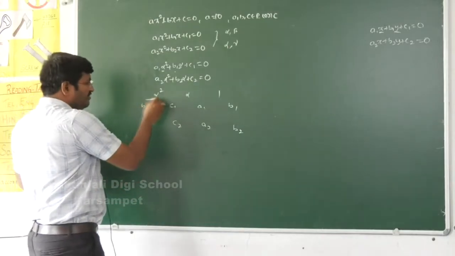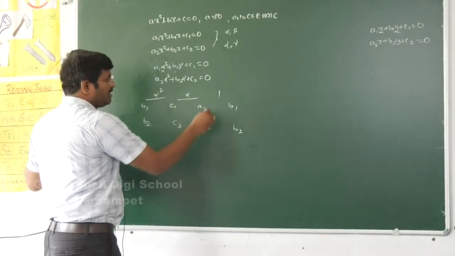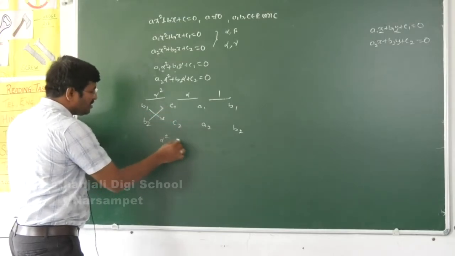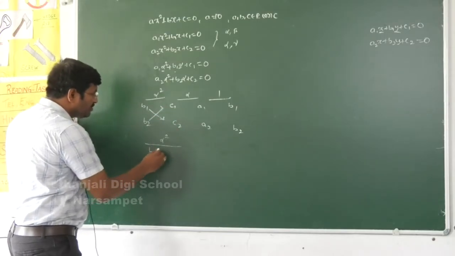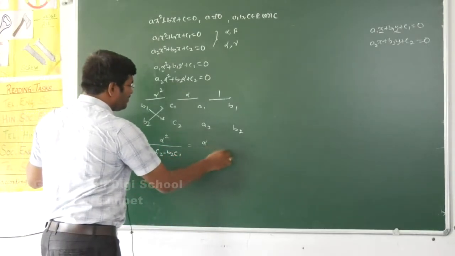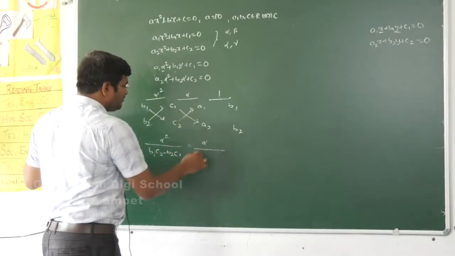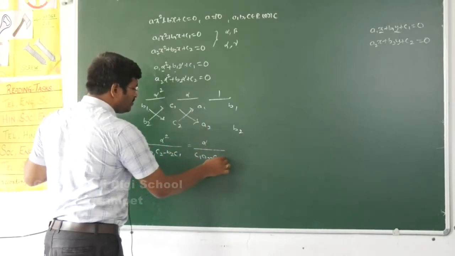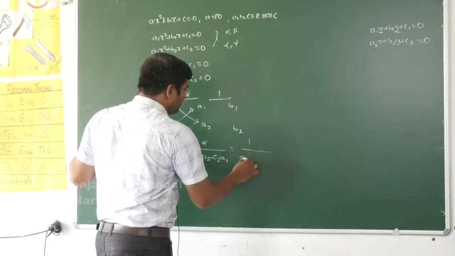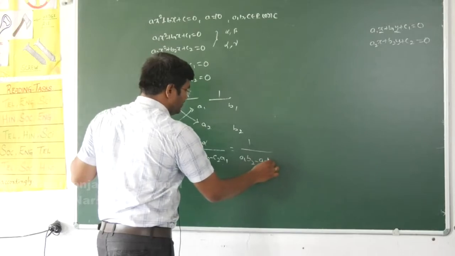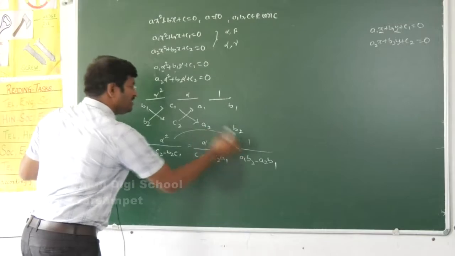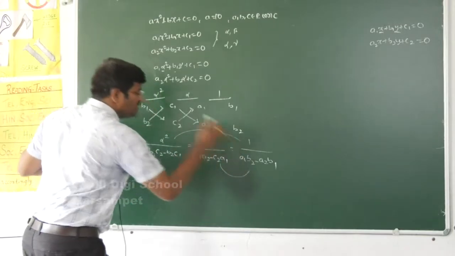Now we have alpha square by alpha by 1, and by cross multiplying we get b1 c2 minus b2 c1 for alpha square, alpha by c1 a2 minus c2 a1, that is equal to 1 by a1 b2 minus a2 b1. Now you can equate these two, and these two.